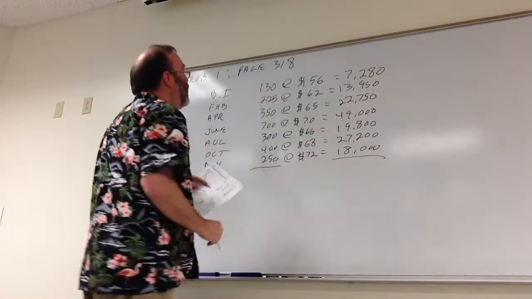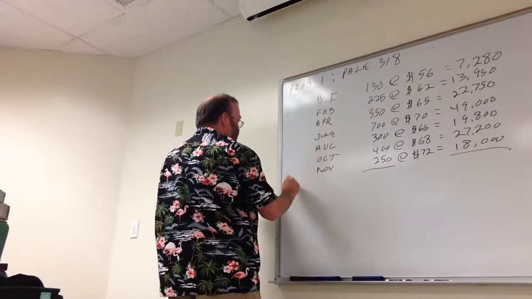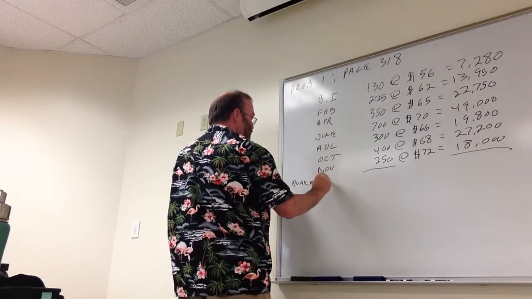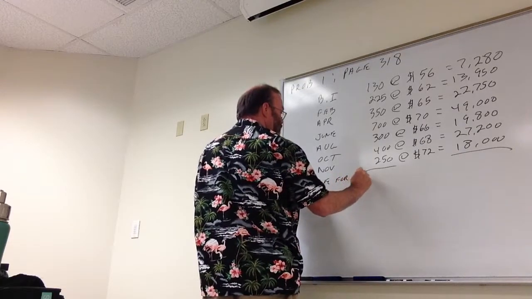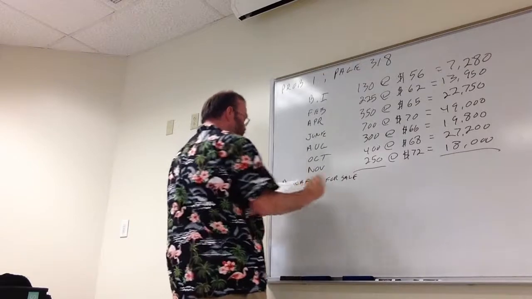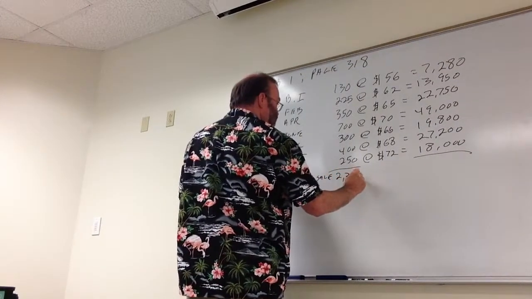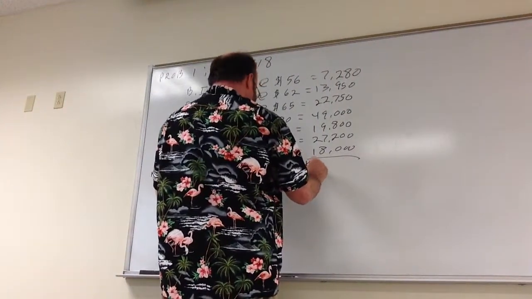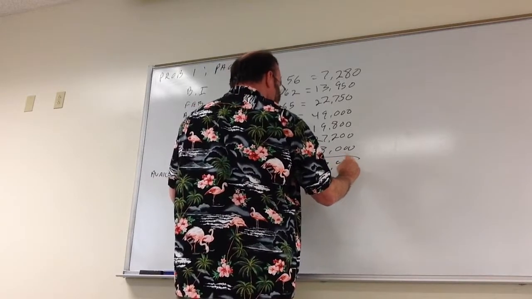At that point, you add everything up, and that will give you available for sale. So total number of units is 2,355 at a total cost of $157,980.